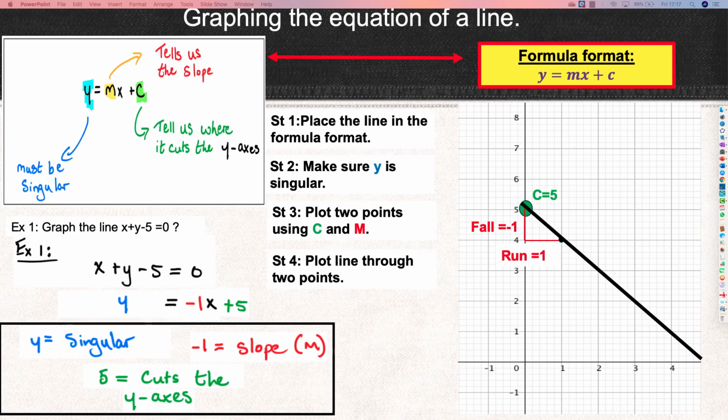That's what a fall of minus 1 means. For example, if your slope was m equals minus 2 over 3, you would fall 1, 2, and run 1, 2, 3, and then put a point there. Is that okay?